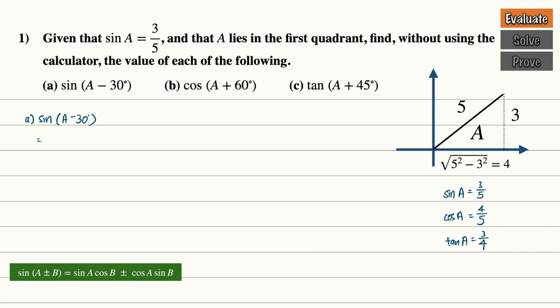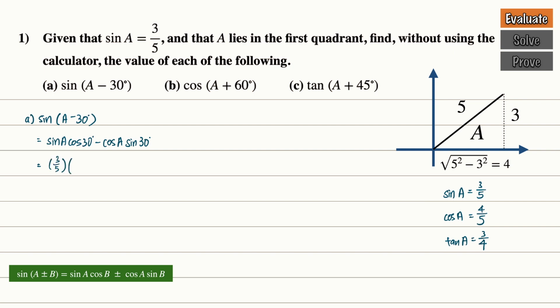Now coming back to the first part of the question, we have sine A cosine 30 minus cosine A sine 30. If in the sine addition formula there's a minus here, we are also going to put a minus here. So let's try and substitute sine A, which has a value of 3 over 5 over here. And cosine 30 is a special angle.